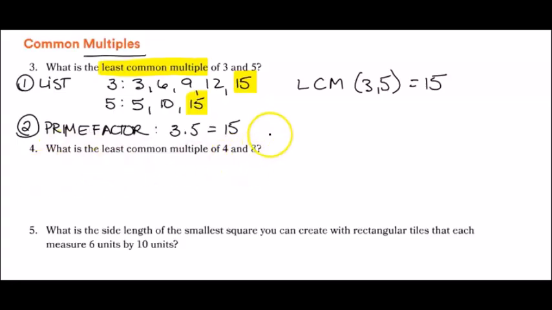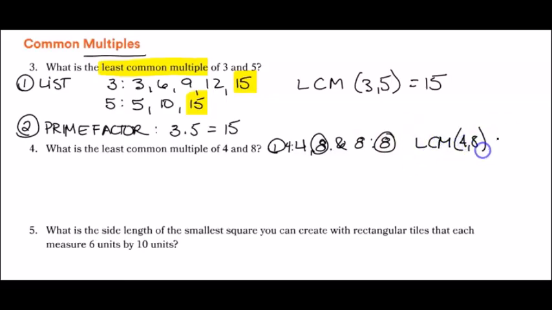The least common multiple, using the list method, we have 4, 8, and that's the list for 4. And my list for 8, I'm just going to stop at 8 because my lowest common multiple of 4 and 8 is 8.